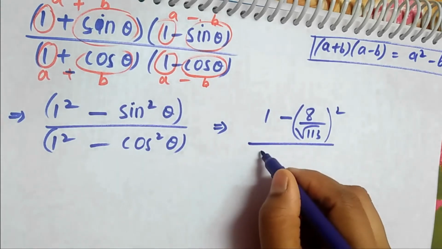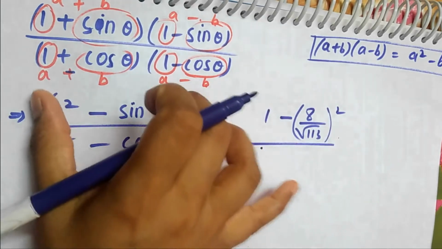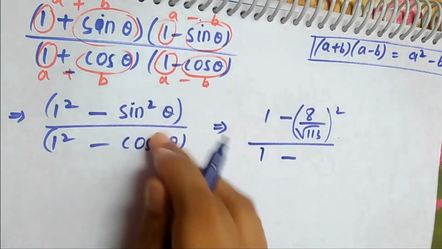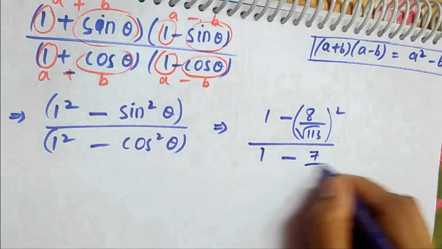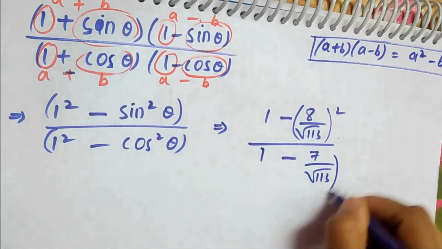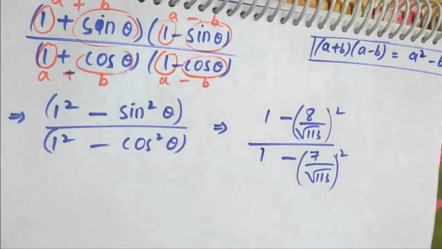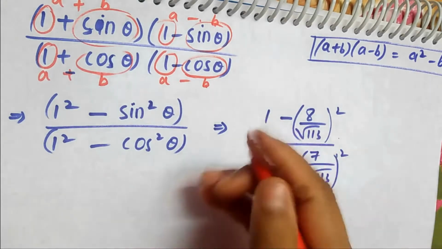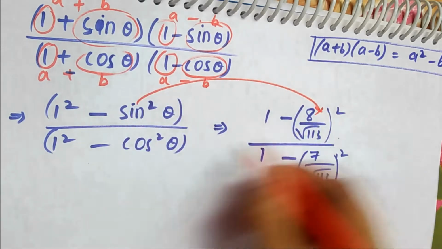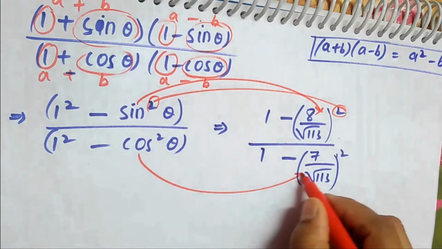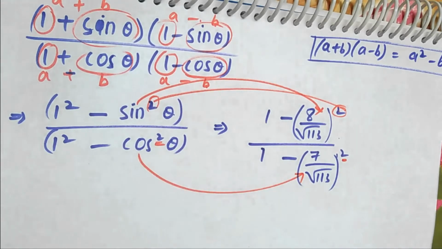Now 1 square minus cos square theta. It's not just cos theta, it is 7 divided by root 113, the whole square. Did you get what we just did? We are putting the sine value and square value here, and the same thing applies for cos.